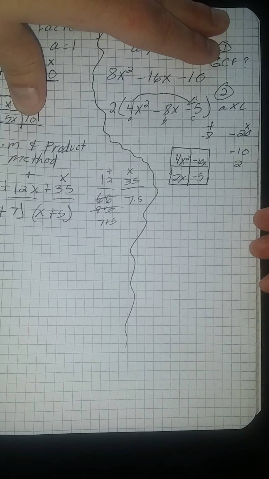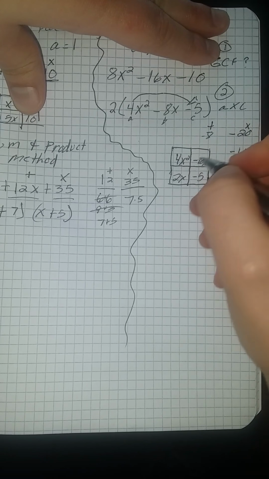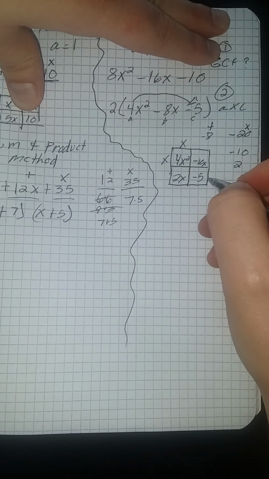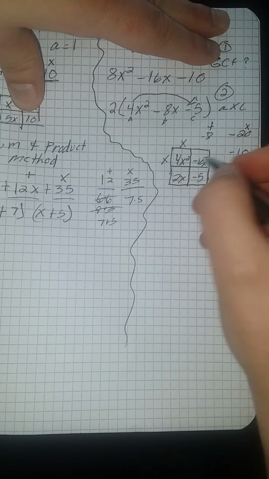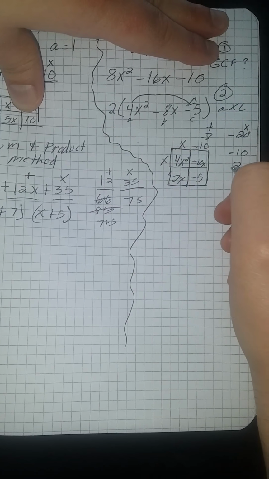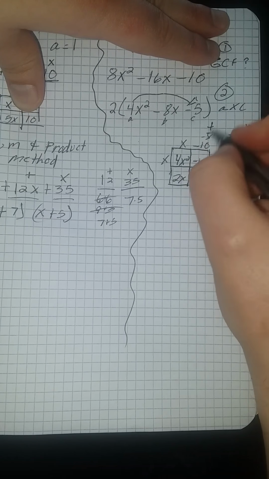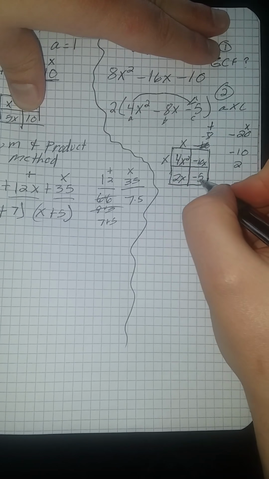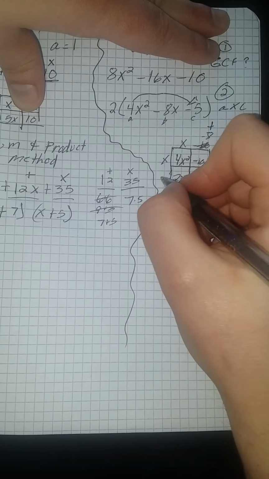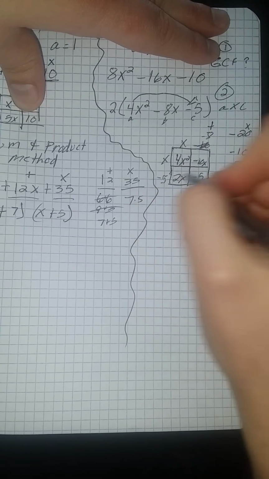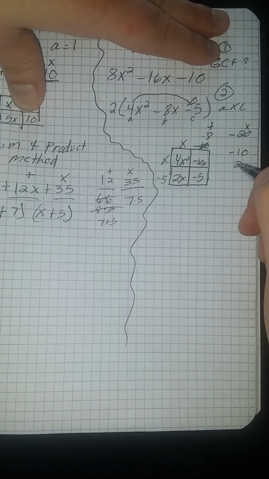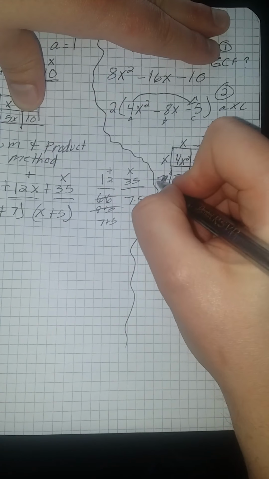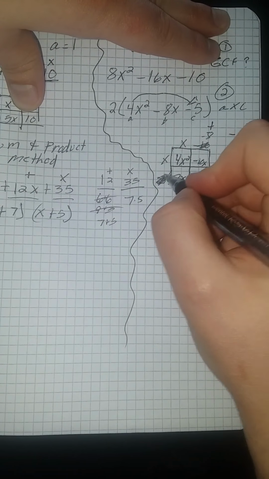And now we do our reverse Sudoku. X times x must have made the x squared. X times negative 10 must have made the 10. Nope, can't be that. 5. Negative 5. Nope, can't be that. 2. Nope, can't be that.